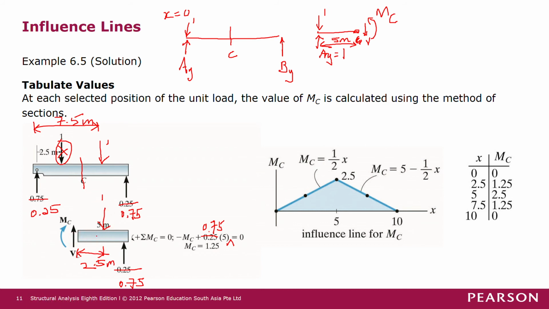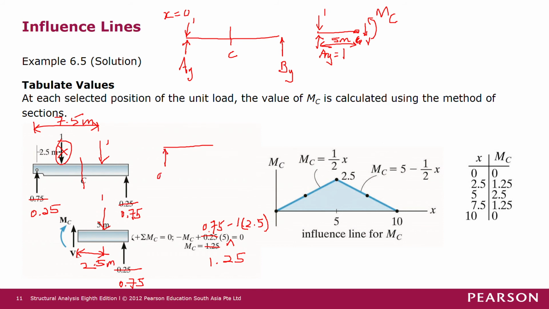So clockwise moment is minus. So we have minus 1 times the moment arm, that is 2.5 meter. Okay, so with that, if we solve for MC, we get MC equals 1.25 or so.